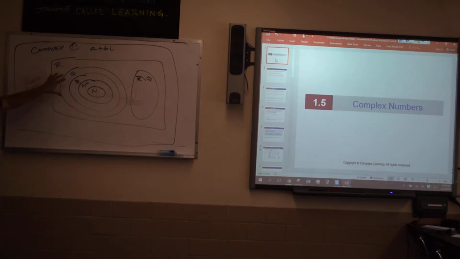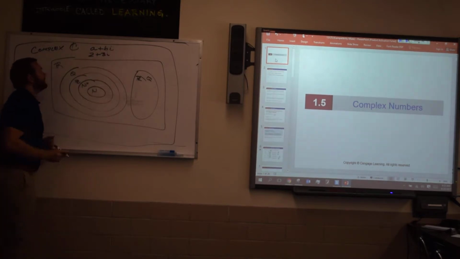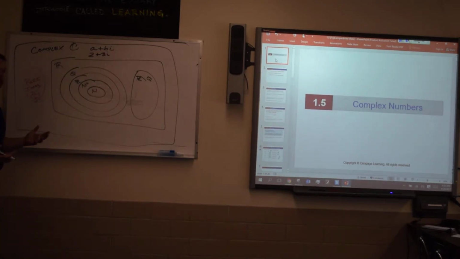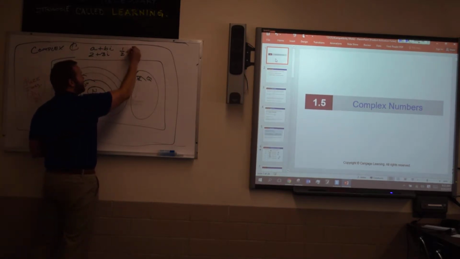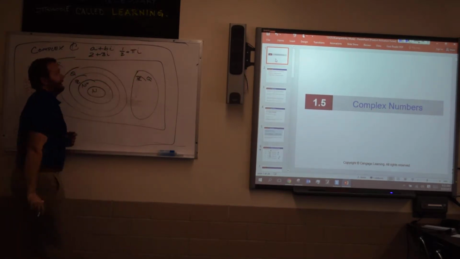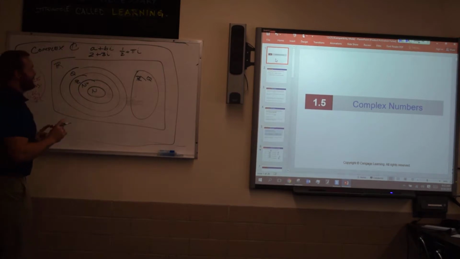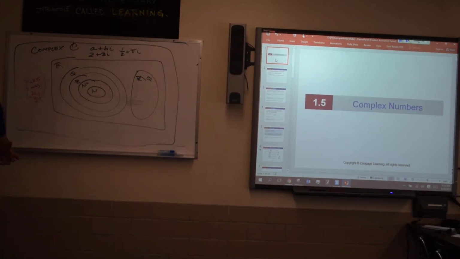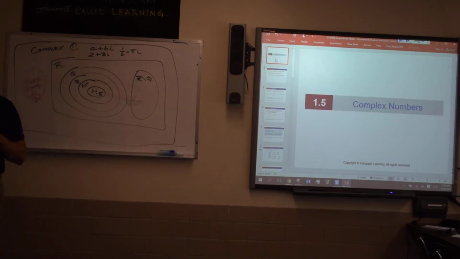So we're going to pull a number out of this list, pull a number out of this list and put them together. Okay? So something like maybe 2 plus 3i. That's a complex number. Okay? Something like 1/2 plus pi i. It's a complex number. Okay? Now, what gets confusing for people is that a number like 5 shows up in its innermost place as a natural number, right?